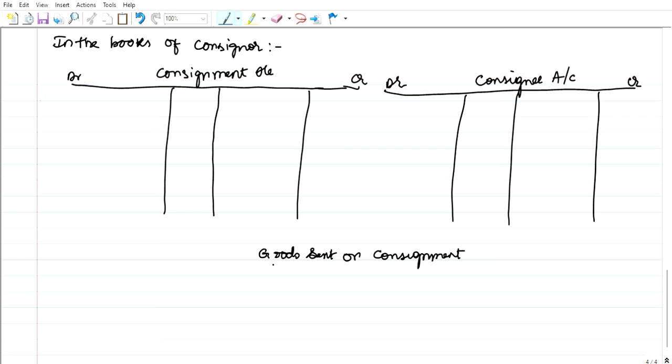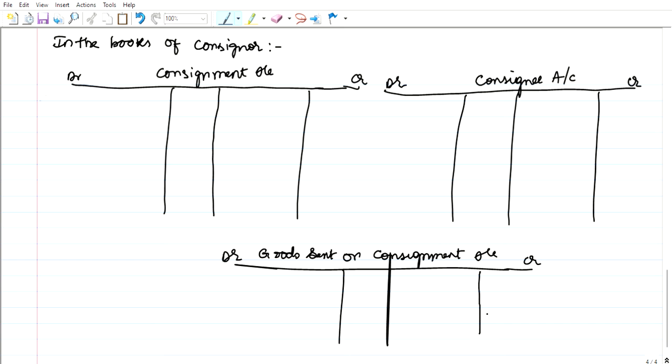So goods sent on consignment account is also the next account which we are going to put in the consignor's books. So let us incorporate the journal entries in this, and let us see in this video how to complete the ledger accounts in the books of consignor, and also the entries which we are going to record in the journal.